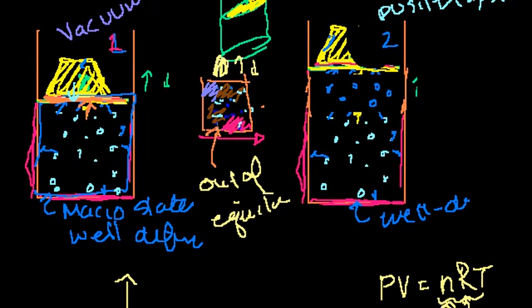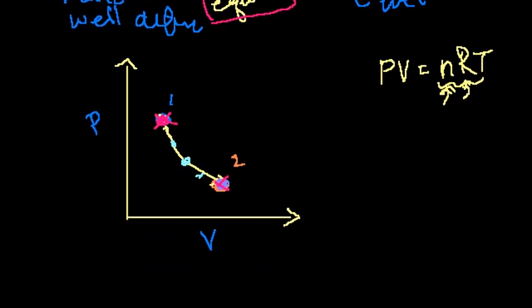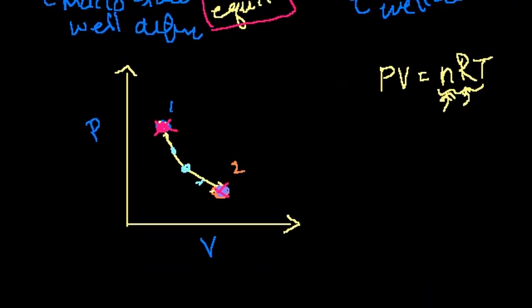I could have had a different pressure here than I had up here. The volume might have been fluctuating from moment to moment. So when you're outside of equilibrium, you can't say that those macro variables are well defined. So there was no path that you could say how we got from state 1 to state 2.